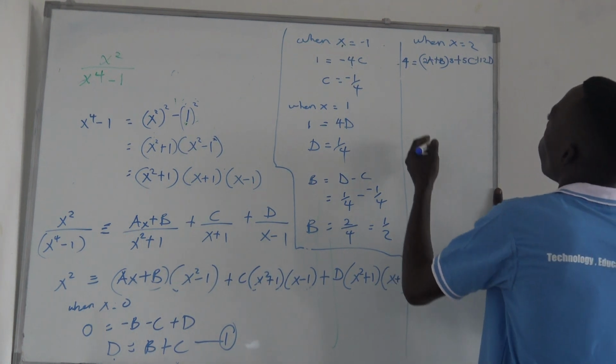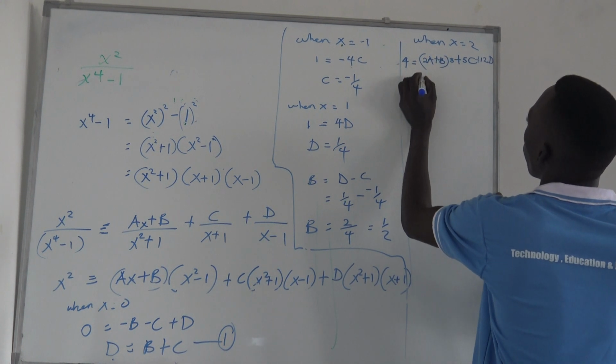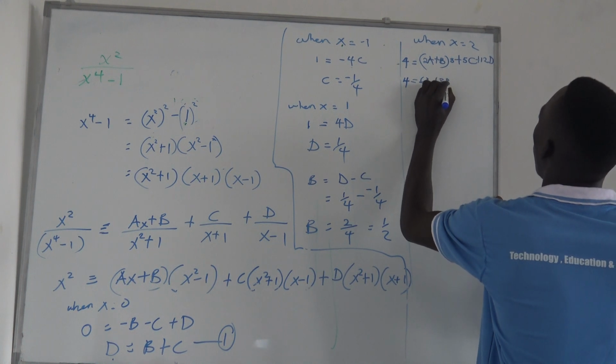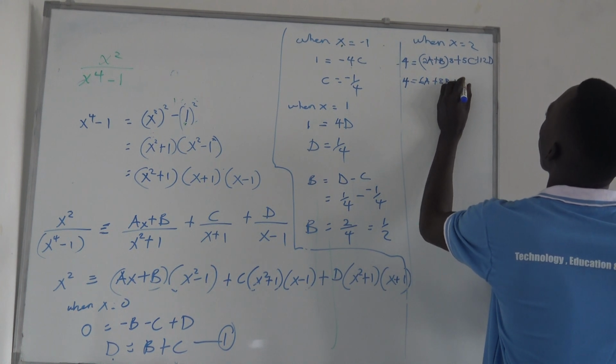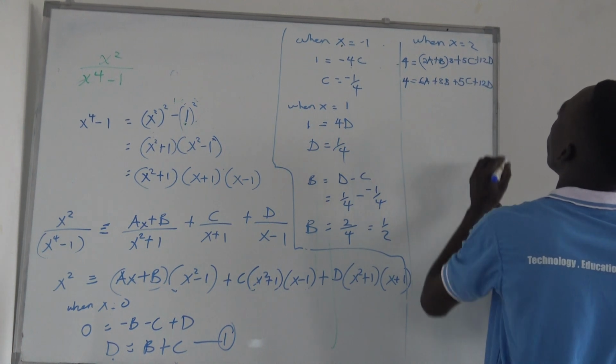But before we substitute, this one is 4 equals to 6a plus 3b, then plus 5c plus 12d.